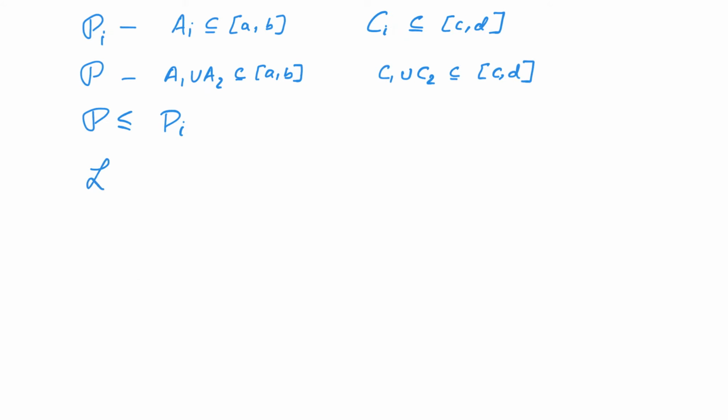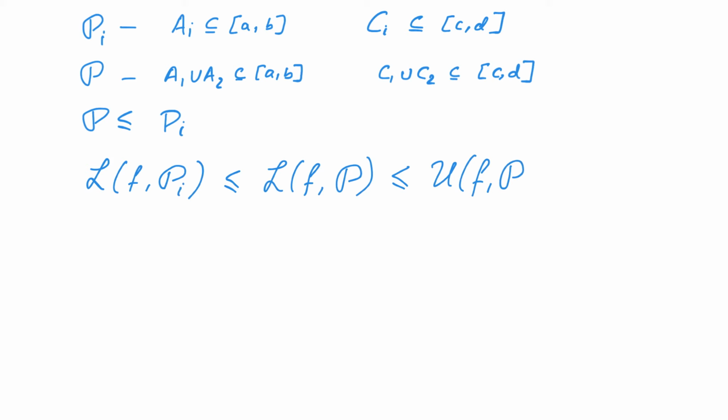Recall that a finer partition means higher lower sum. Therefore, L of f comma Pi is less than or equal to L of f comma P. But the lower sum is always less than or equal to the upper sum. Therefore, L of f comma P is less than or equal to U of f comma P. And finally, a finer partition means lower upper sum.